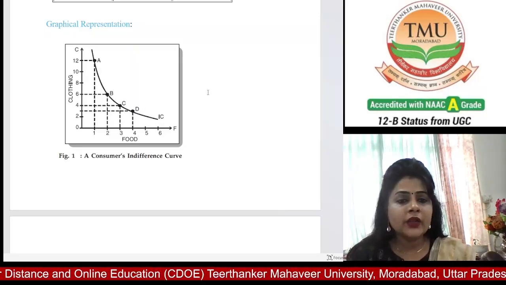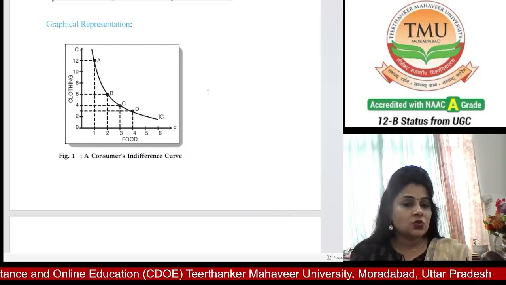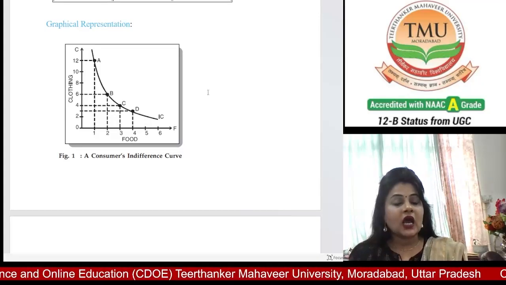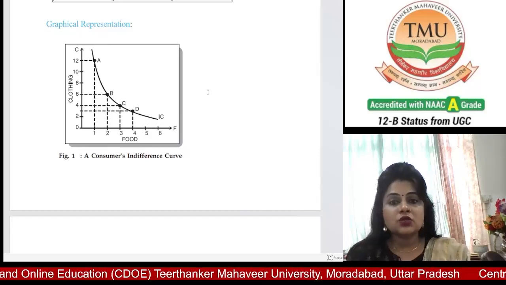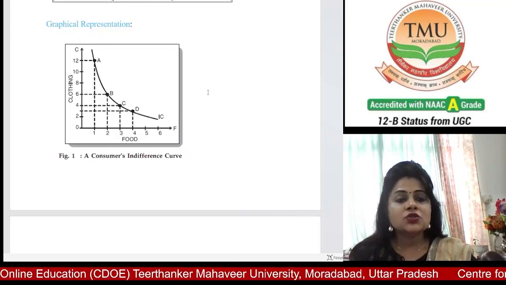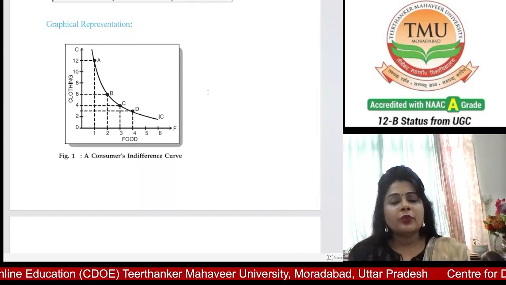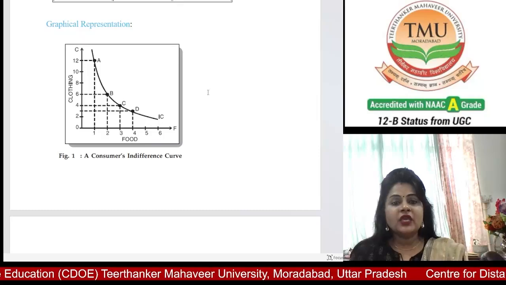There are only two goods purchased and consumed by a consumer. It is because a graph has only two axes. In this graph, you can also see that there are two axes, x-axis and y-axis. So you can show the combination of only two goods and the representation of two goods will be easy.